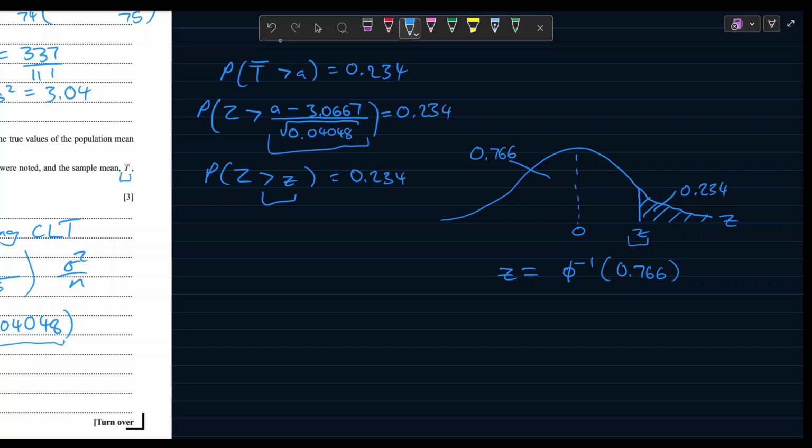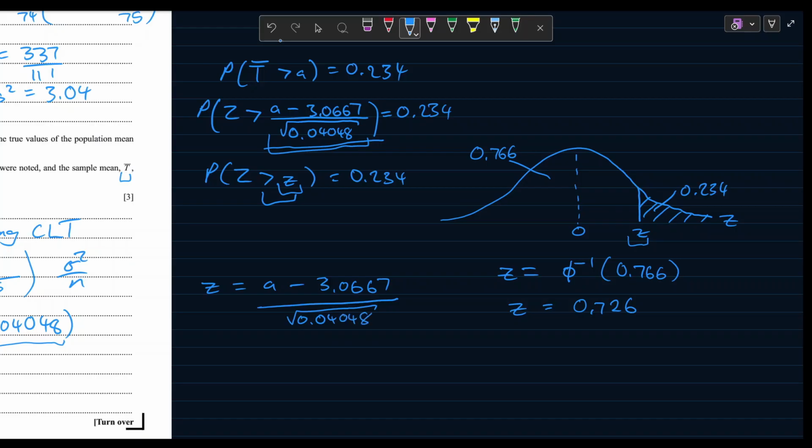And if you read it from your tables, you should get that z is equal to 0.726. And remember here, we just simply substituted this whole expression with z. So in other words, z is equal to a minus 3.0667 over the square root of 0.04048.